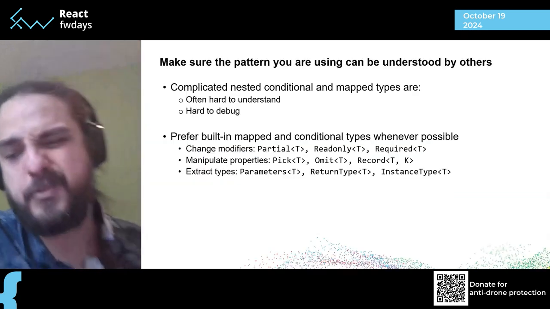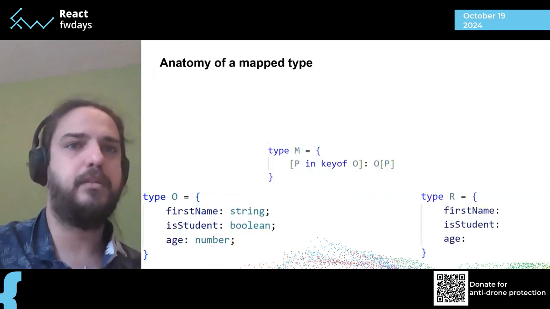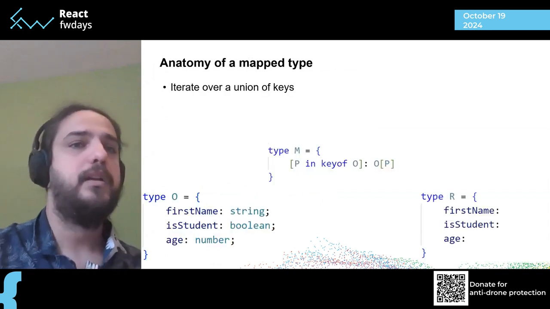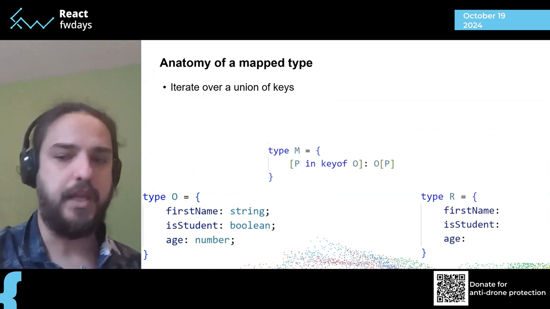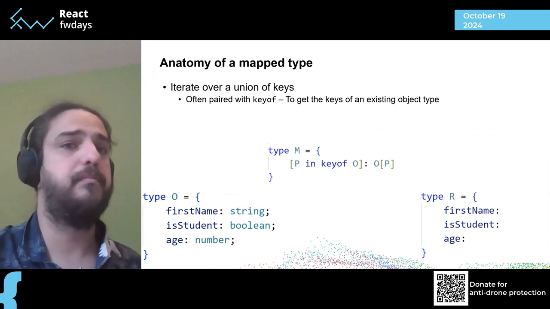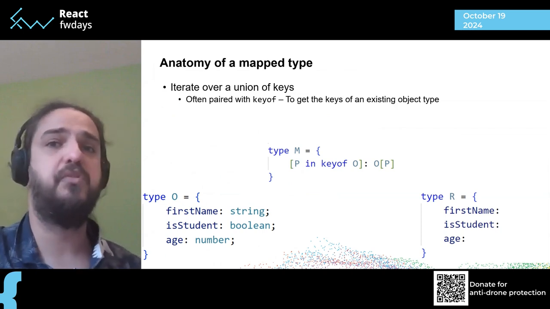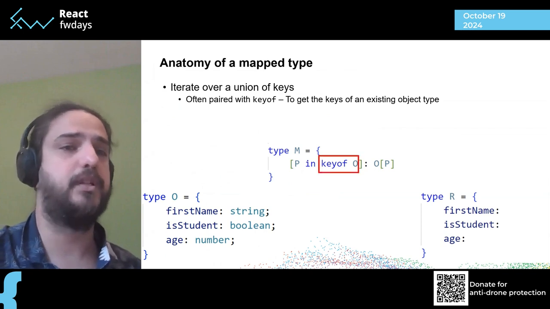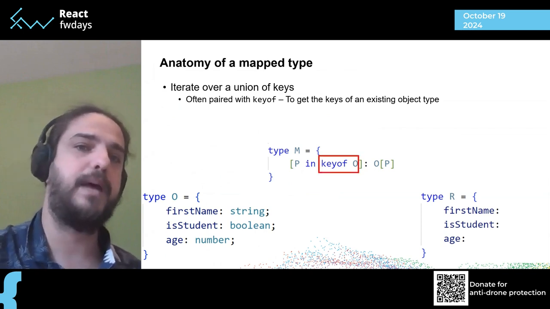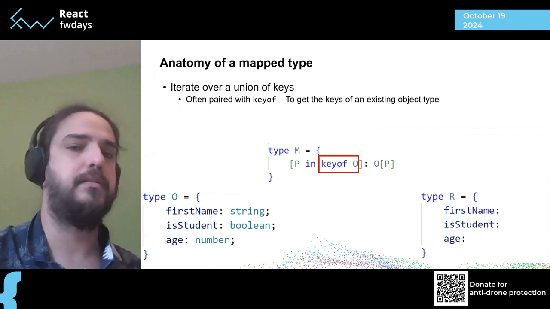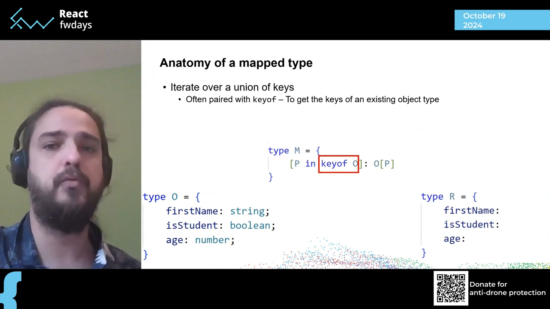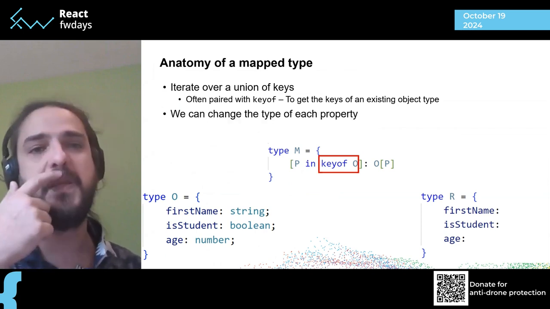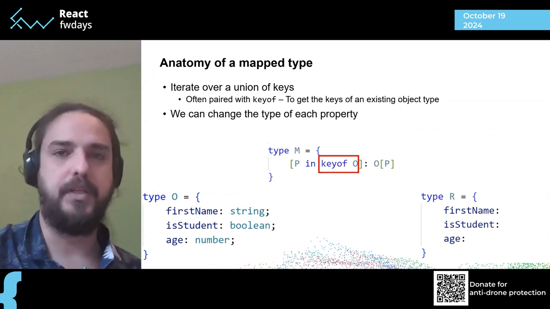And in order to do that, let's first of all look at what a mapped type looks like. A mapped type basically is a vehicle for us to iterate over a union of keys. They're often paired with keyof to get the keys of an existing object type. So we can see here that this mapped type iterates over the keys of an existing type O. And we can also change the type of each property.